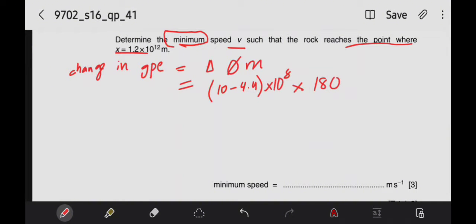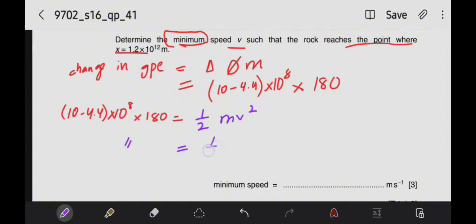This is our change in GPE, and that is equal to change in kinetic energy. And our answer would be 3.3 into 10 to the power 4 meter per second.